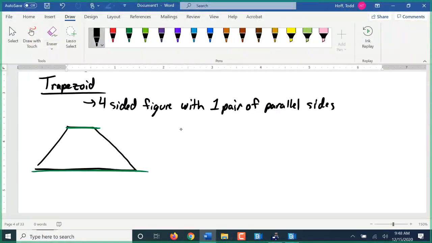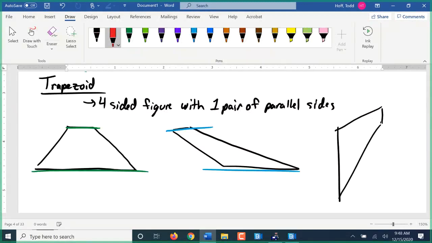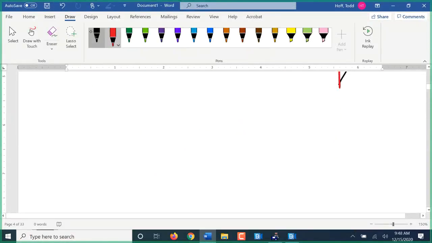But a trapezoid can be drawn like this. We'd still have this side and this side parallel, or it could even be drawn like this, where it's the vertical sides now that are parallel. When we deal with a trapezoid, the two sides that are parallel are called the bases.